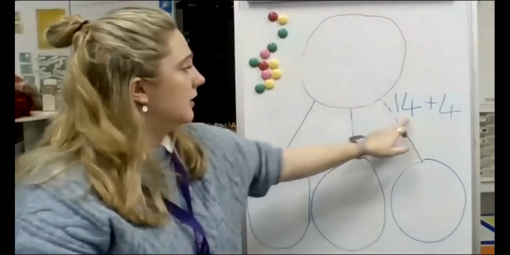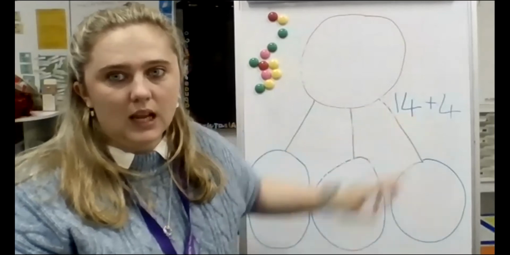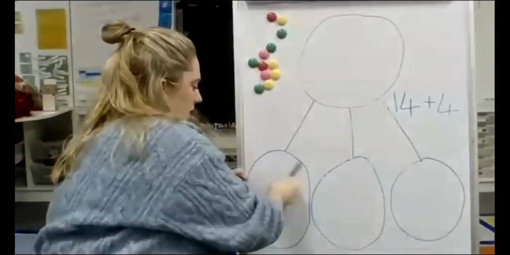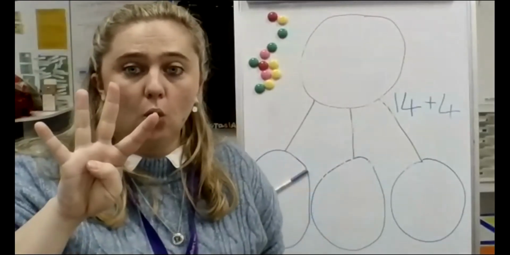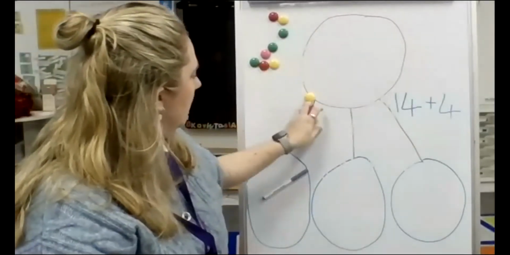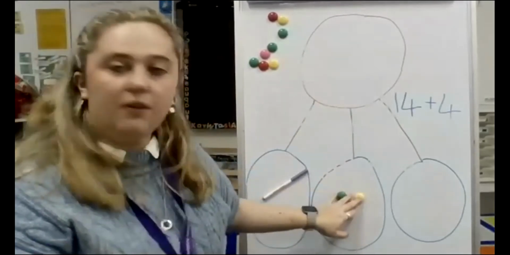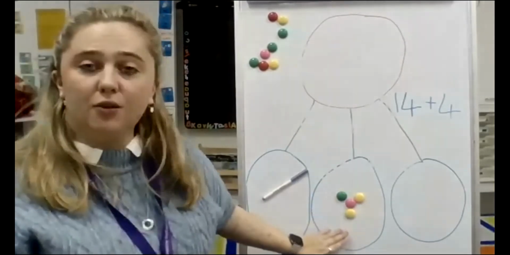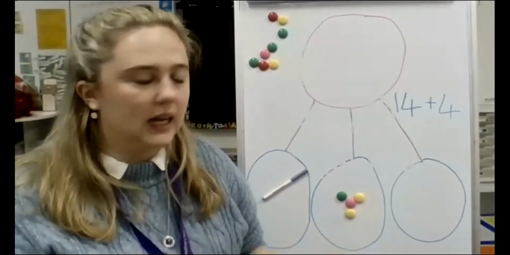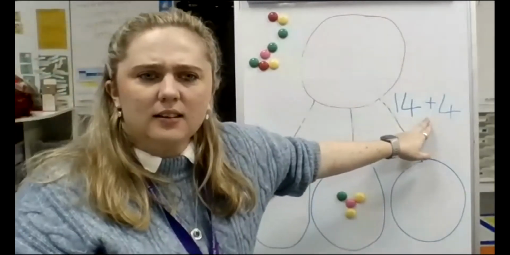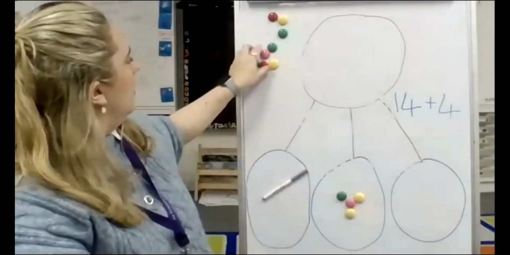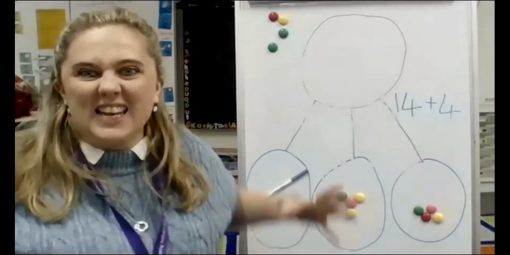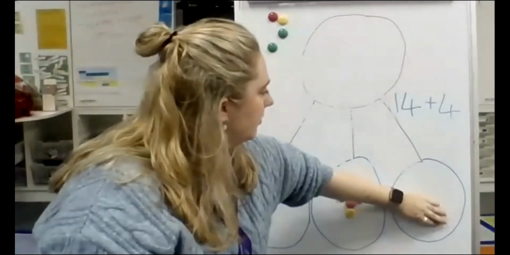I hope you looked at this first number here and realised that it has 1 ten and 4 ones. 1, 2, 3, 4. Yeah, so 1 ten and 4 ones equals 14. And then we're going to add another 4. So let's put 4 in our third part. And now let's add it all together.